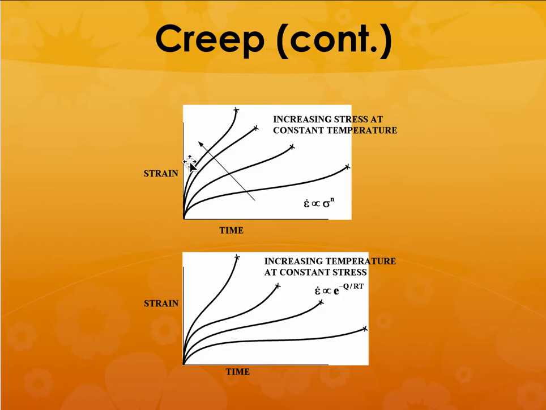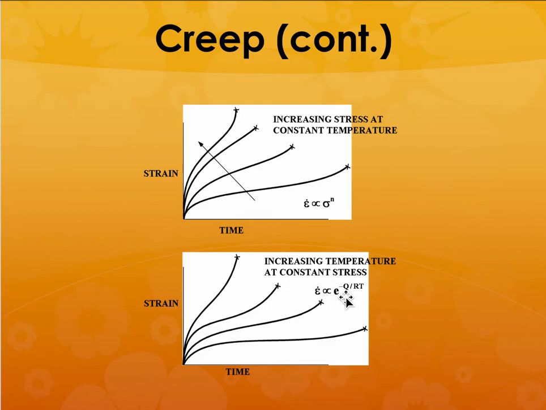Now, the creep time for rupture can be represented as a relationship that is exponential also. So you can represent it as: epsilon dot, the strain rate, is proportional to exponential minus Q over RT.